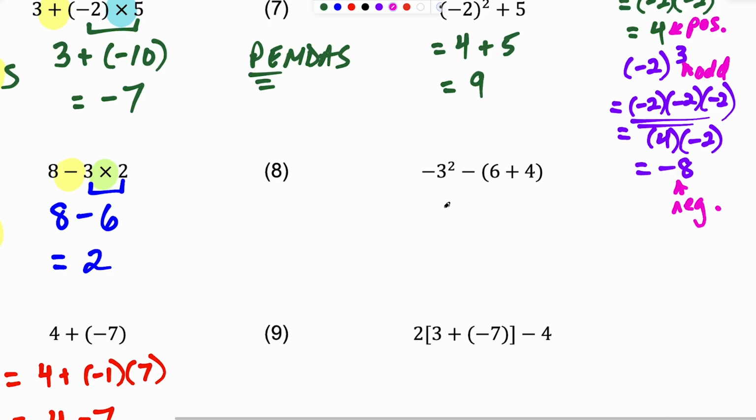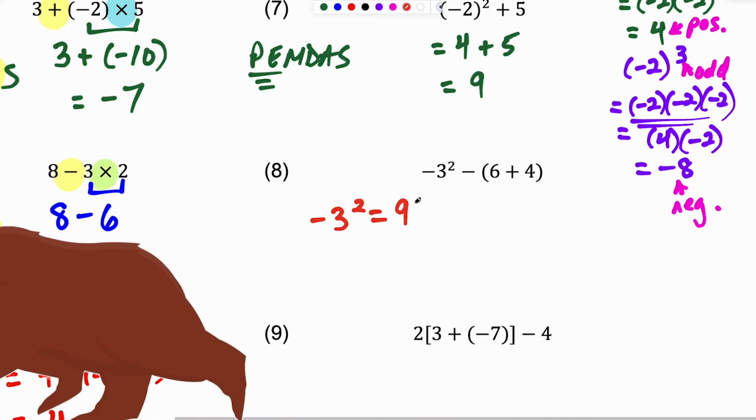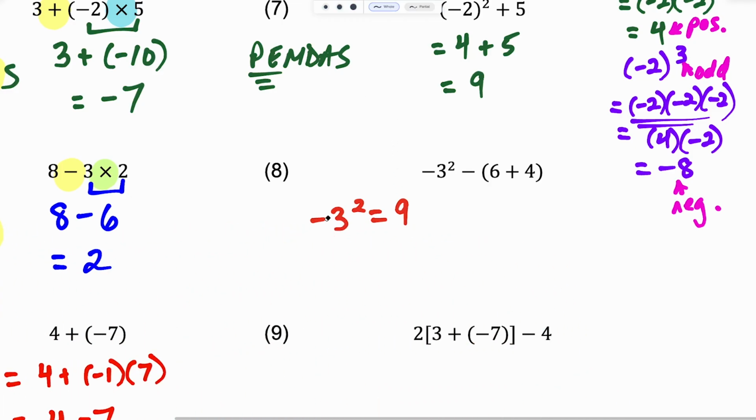So next up, question 8, we have negative 3 squared minus parentheses 6 plus 4. Now for something like this, it is very tempting to say negative 3 squared is equal to positive 9. But be careful, this is a very dangerous bear trap. I just want to point out that (negative 3) squared in parentheses is equal to 9. But negative 3 squared like this is not equal to 9.